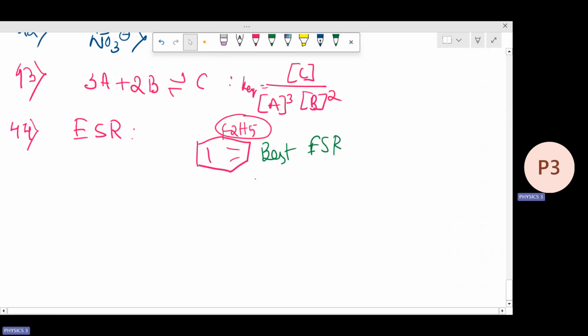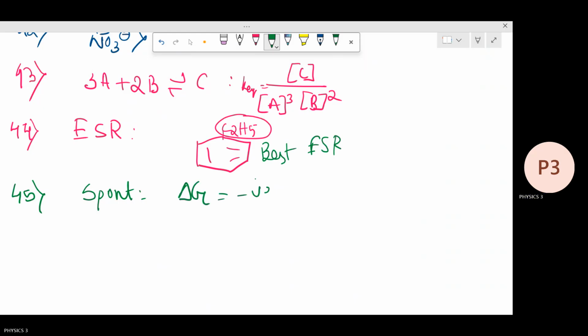Last one, they are asking about the values for spontaneous and endothermic. 45, to become spontaneous, we need delta G to be negative. Now endothermic means delta H is positive. The one that has delta H positive is definitely plus 48 kilojoule. If I want to make the whole thing negative, I need a big value, so my delta S also should be positive.